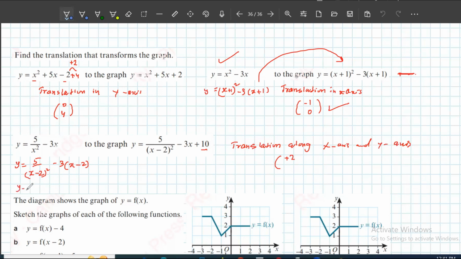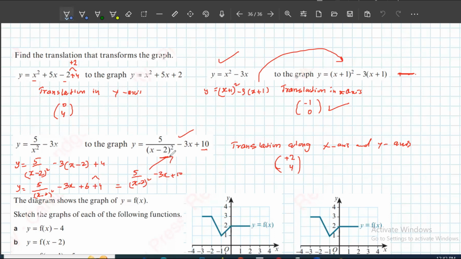So 5 over x minus 2 whole squared minus 3x, and then plus 6, which means they added 4 to get 10. Yes, along the y-axis the translation vector is 4. The next answer is 5 over x minus 2 whole squared minus 3x plus 10, which is exactly the same. So we found the combined translation vector along x and y, which is (2, 4).